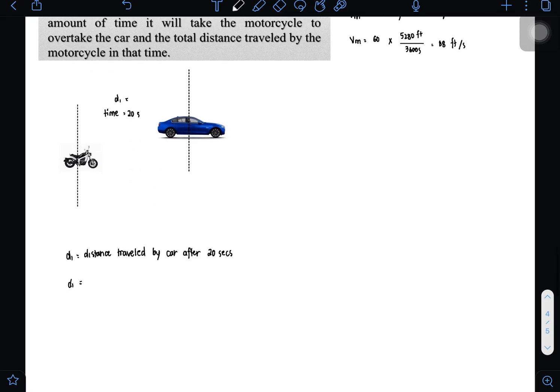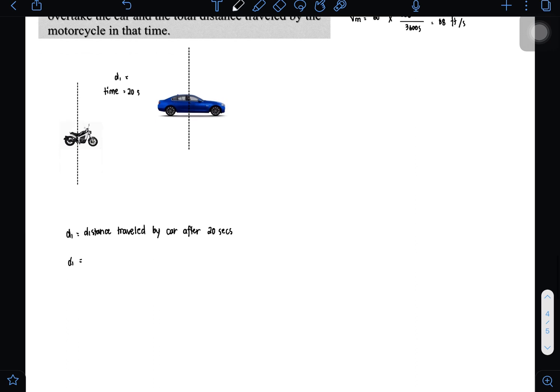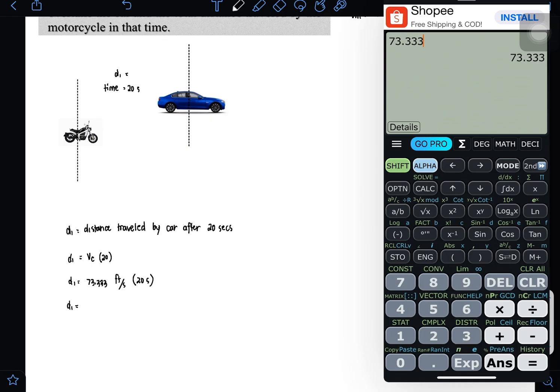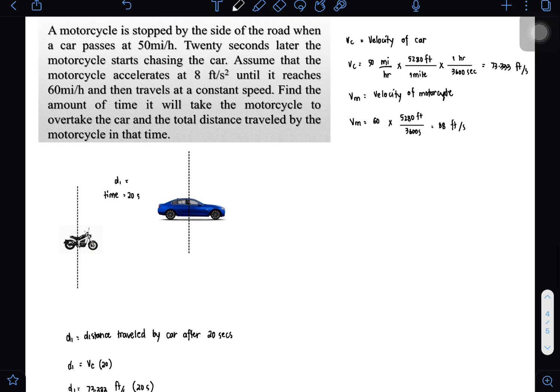Velocity is distance over time, therefore the distance is velocity times time. So velocity of the car times the 20 seconds. So the d1 is 73.333 feet per second times the 20 seconds. That's 1466.667 feet.